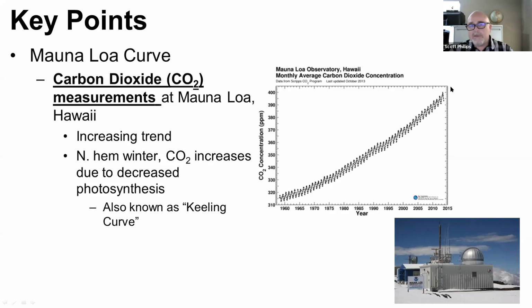It's going up, it's not coming down. There's also this sort of yearly pattern, and I'll show that in a graphic in a moment. That's due to changes in photosynthesis during the year on Earth. By the way, this is also known as the Keeling curve, after the scientist who set up the experiment.